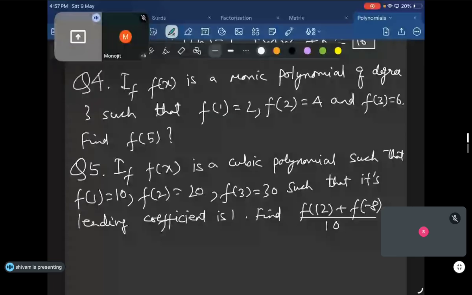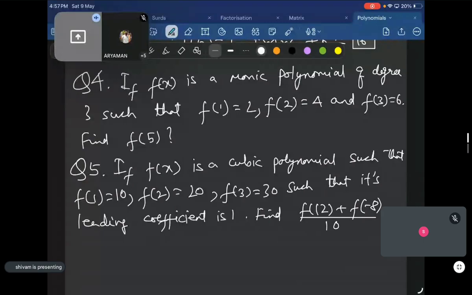Yes, Shamanyu, Ariman, is it done? Number 4. Send quickly, Shamanyu and Ariman. Satyaki's 5 is correct.